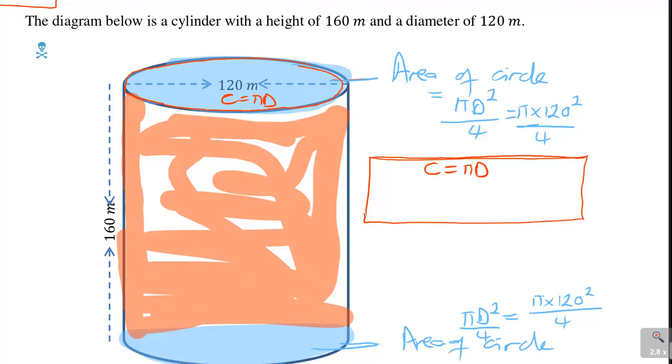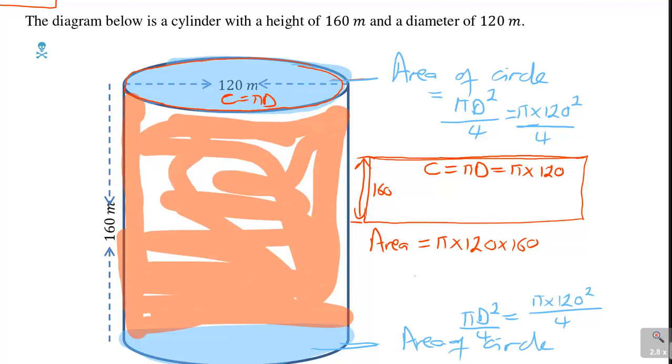But I explained this in the lesson for Mathematics N1 for the underdogs. So this is pi d, the circumference, which is pi times 120. And then this distance here is your height, which is 160. So the area there is equal to pi times 120 times 160.